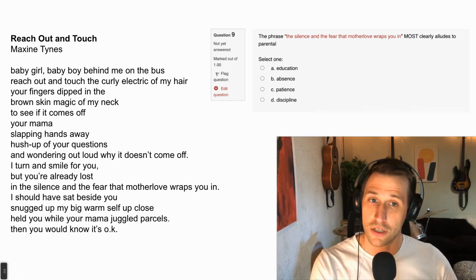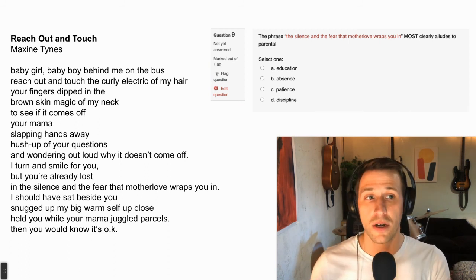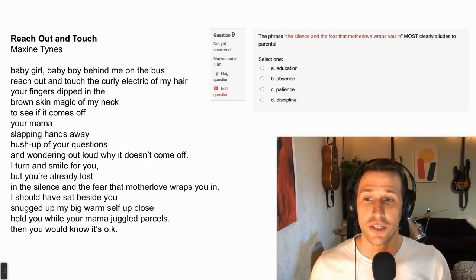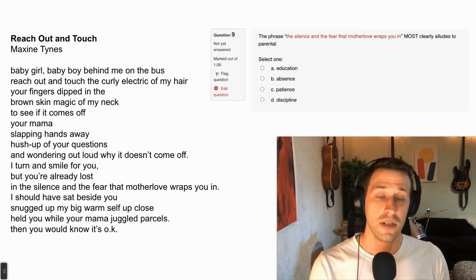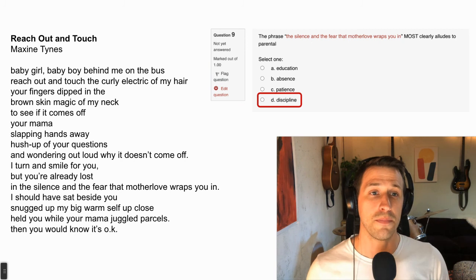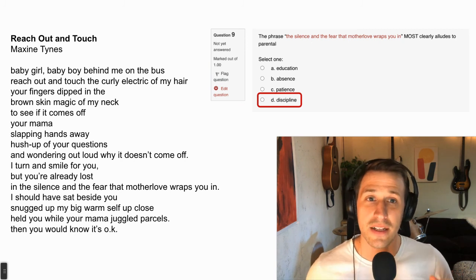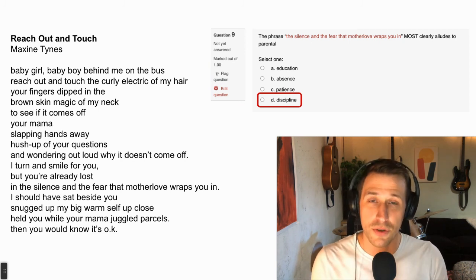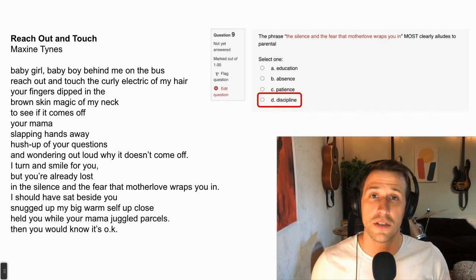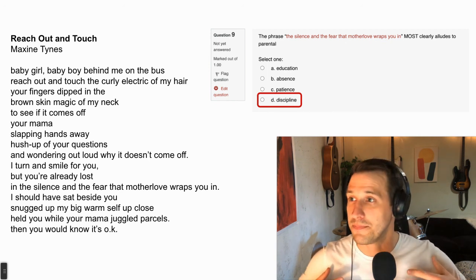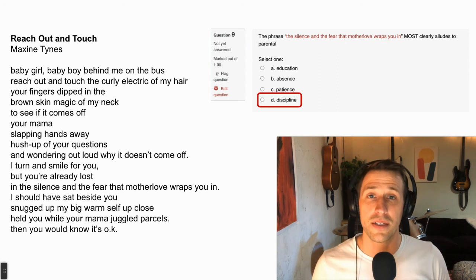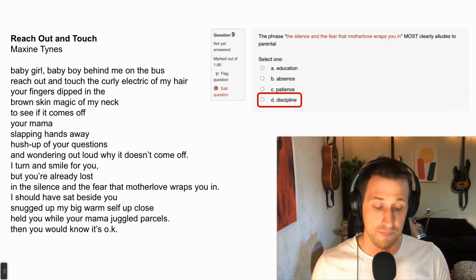She's not patient. The speaker is patient. The mother is less patient. This is her discipline, though, that she's telling them to be quiet, and she's putting some sort of fear in them in this moment. She's not developing any sort of racial understanding. She's making it harder in a lot of ways through this discipline.